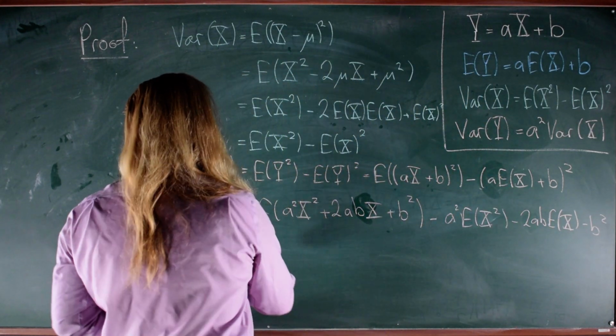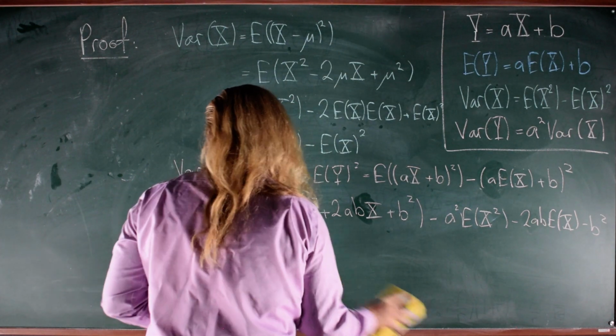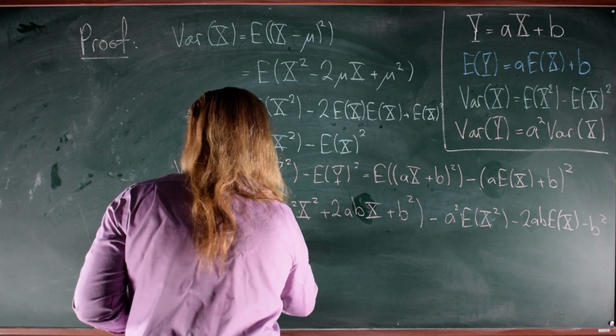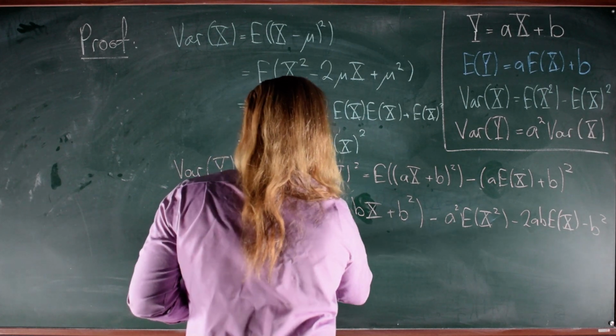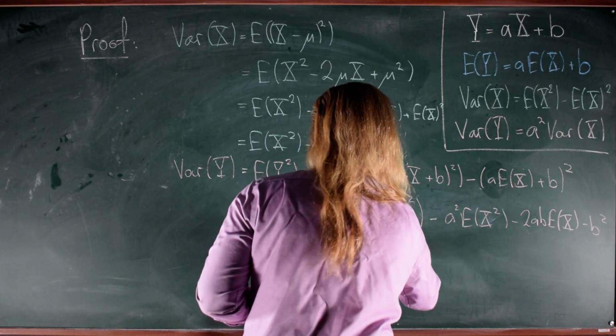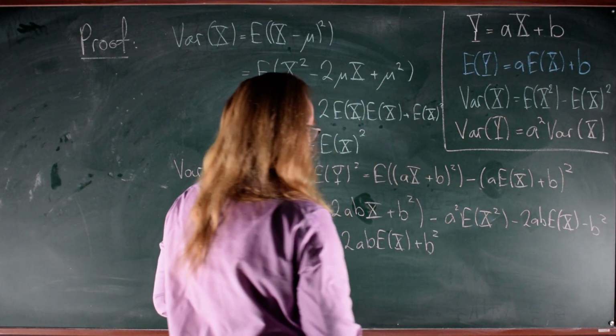Now we can use the linearity, and we get a squared times the expected value of x squared plus 2ab, expected value of x, plus b squared.